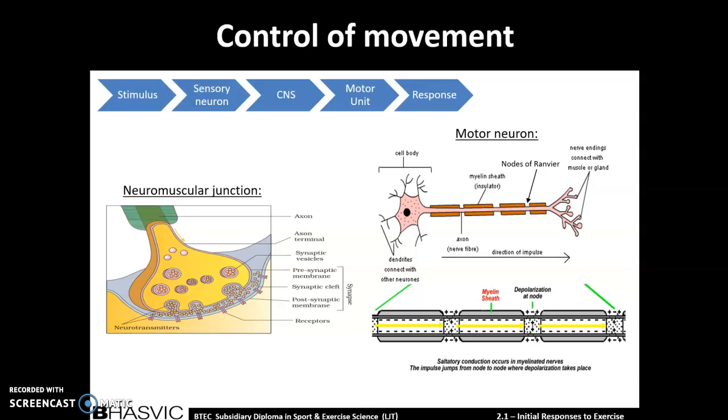In a motor neuron, you have this thing here, and different parts of it all contribute to different things. So you have the axon, which is this long cord-like structure, which carries the nerve impulse down it, and you also have the myelin sheath, which acts as an insulator.